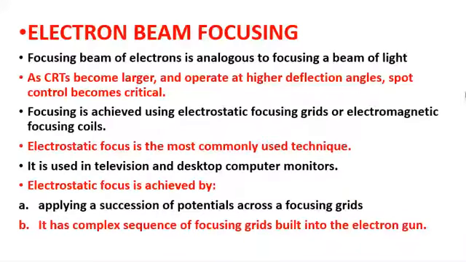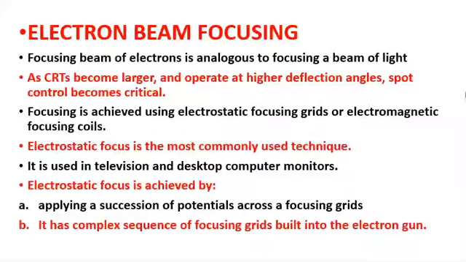Now we come to the second stage of 4, that is the beam focusing. And this beam focusing of electrons is just comparable to the focusing of a beam of light, because whenever there is light coming from a source, you can either diverge it or you can converge it. So focusing has to do with converging to a particular selected spot.